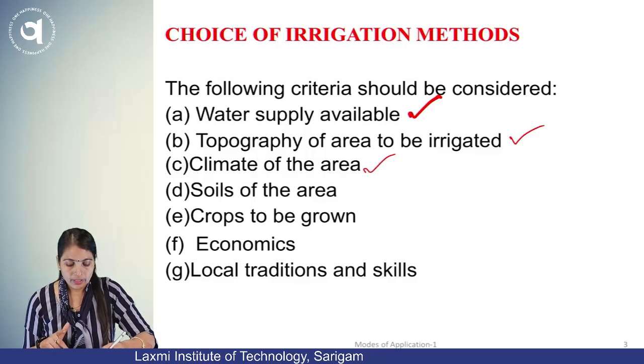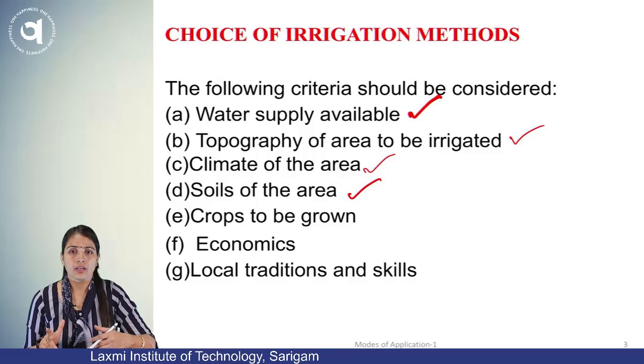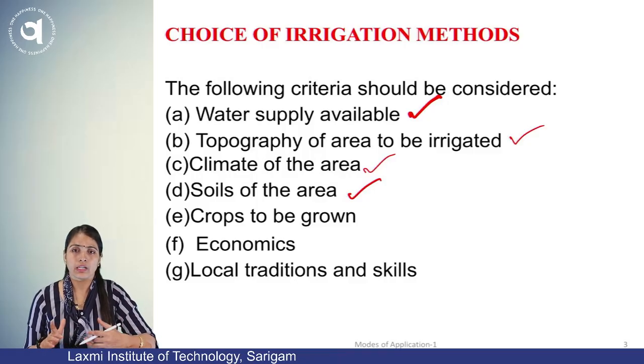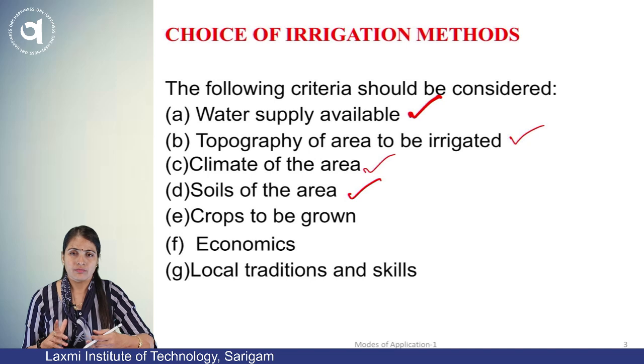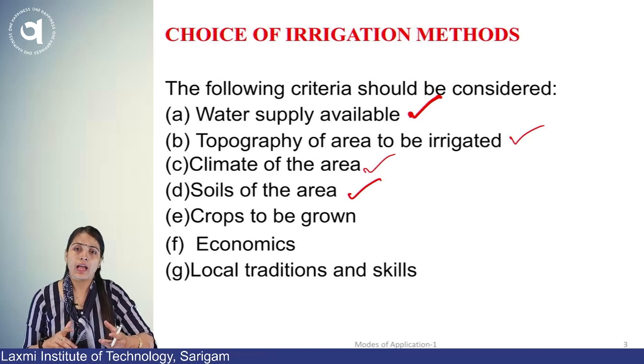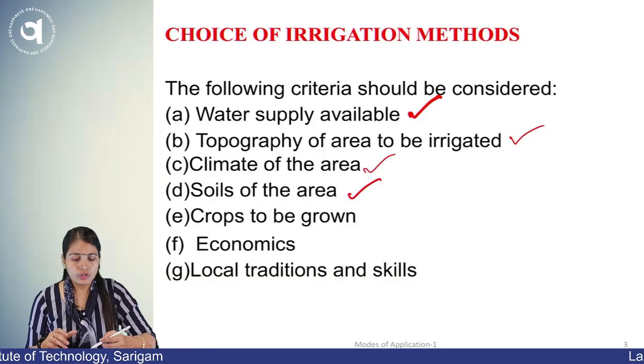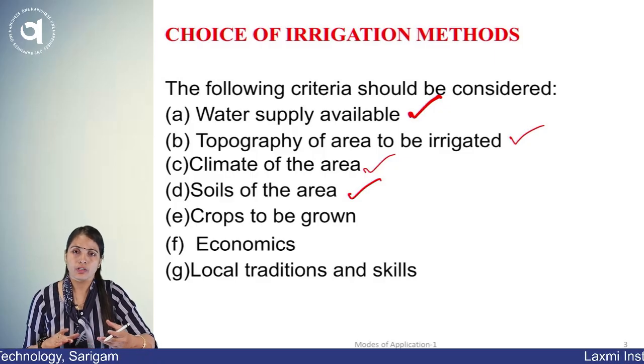The soil of the area also depends on the various types of soil we have, like sandy soil, silty soil, clay soil, loamy soil, mixed soil. Different types of soil have different infiltration properties, so for each type of soil we should adapt different methods of irrigation.